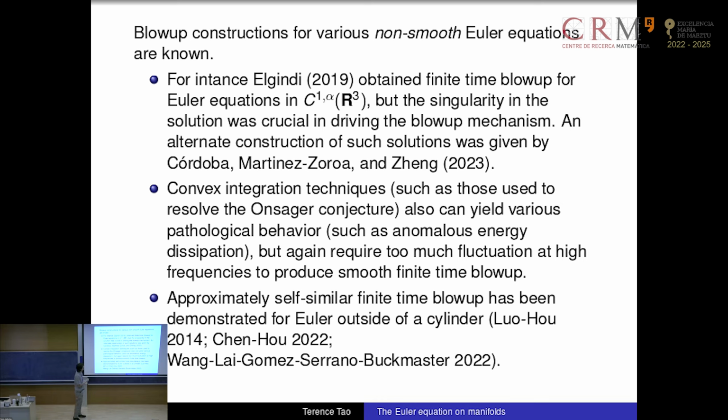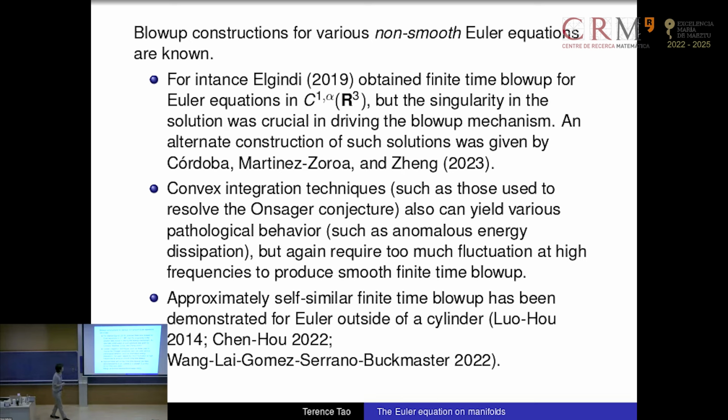Yeah, but here it was really important that there was a singularity. And that was a way to construct the blow-up solution, which was recently given by Córdoba, Martínez-Zoroa, and Zheng, which was mentioned in his talk.